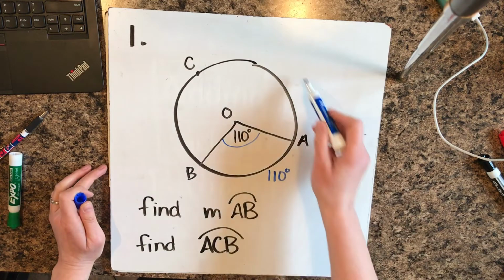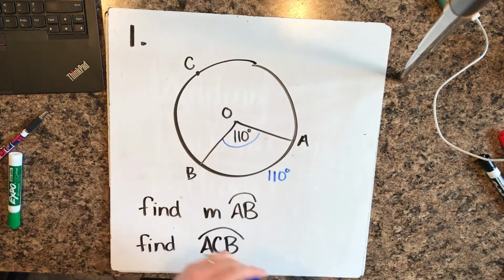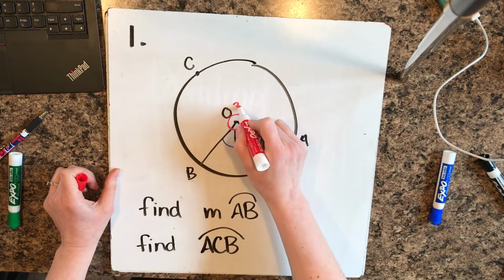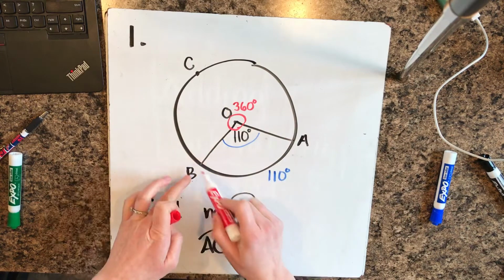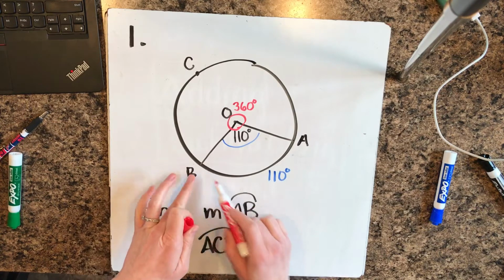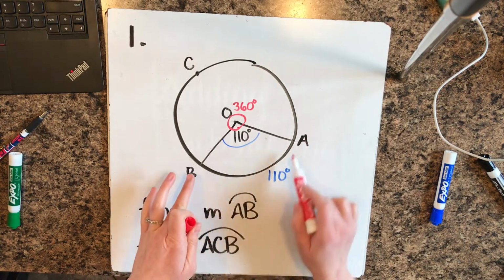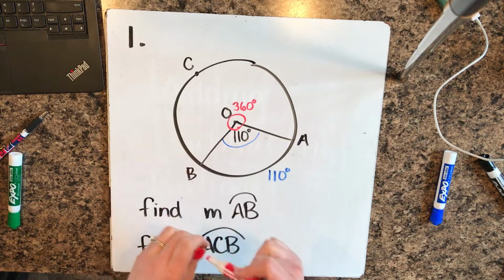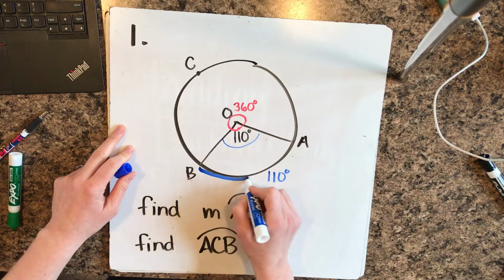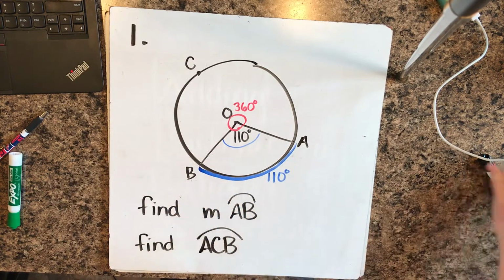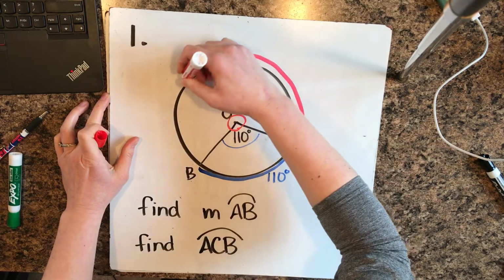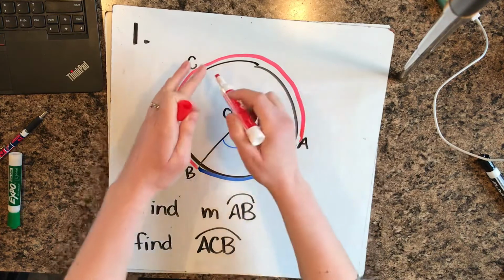Okay, if we think about a full circle, think about this full angle in the middle. If I'm going all the way around this circle, that's going to be a total of 360 degrees. So if I go all the way around the circle, that will also be 360 degrees. Now we've already used 110 degrees, and again, that's the measure of the arc from B to A. If I wanted to figure out what the rest of it was, so from A all the way around the circle to B, that's bigger than half the circle.